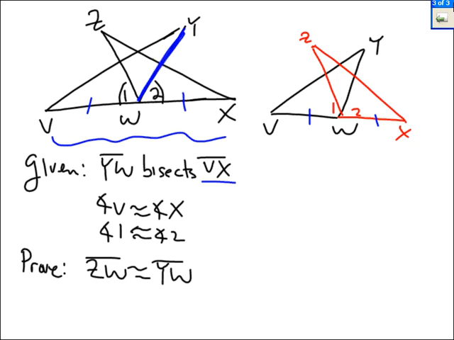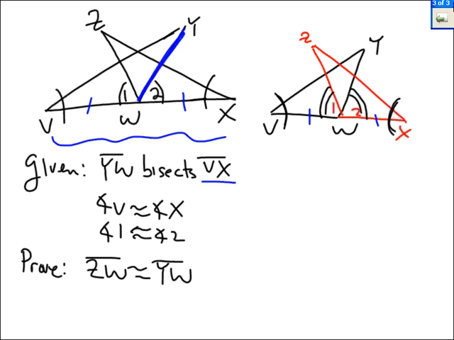Okay. Angle V and angle X are given to be equal. Fine. And we are told that angle 1 and angle 2 are equal. Well, let's look at the left triangle, the black one. Since I already put one slash for angle V and X to be equal, let me put 2 marks for angle 1 and 2 to be equal.